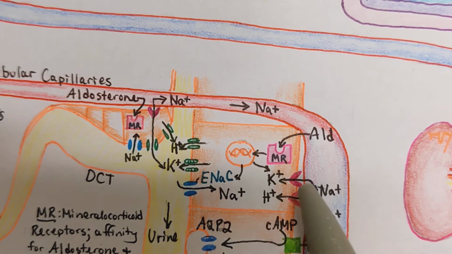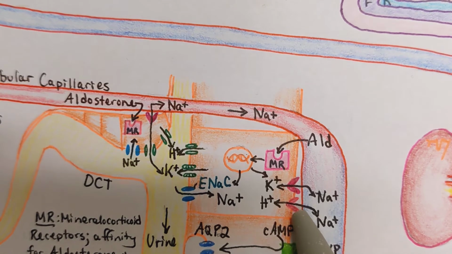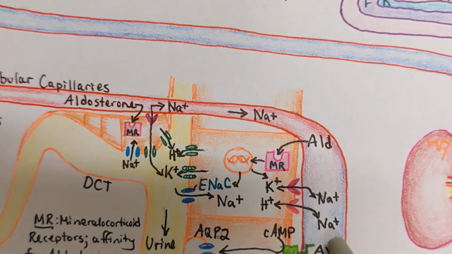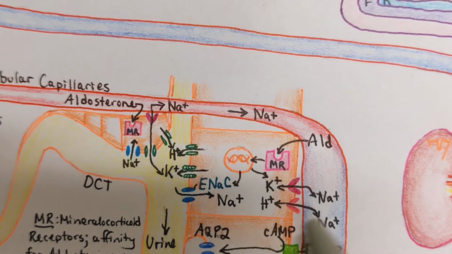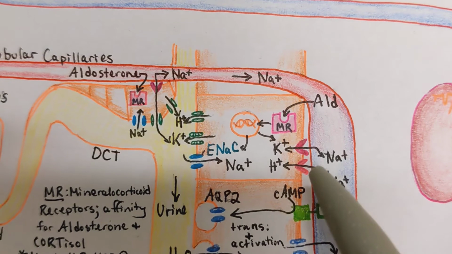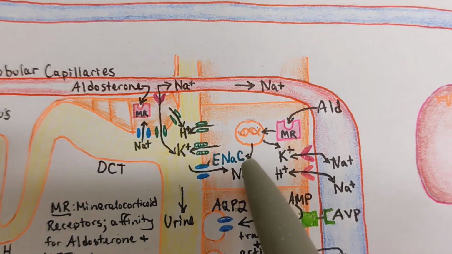Okay, so here we can see that there are sodium-potassium pumps and sodium-proton pumps, both of which pump sodium into the blood. So essentially we are retaining a lot of sodium, we are reabsorbing a lot of sodium here, and we're leaving a low sodium environment in the cell.